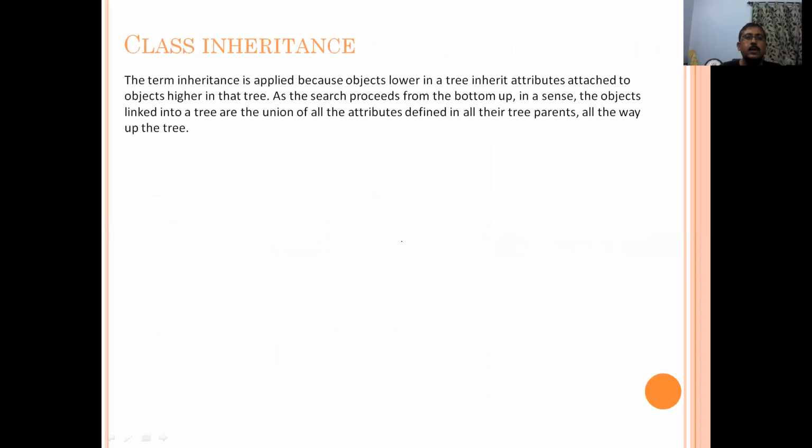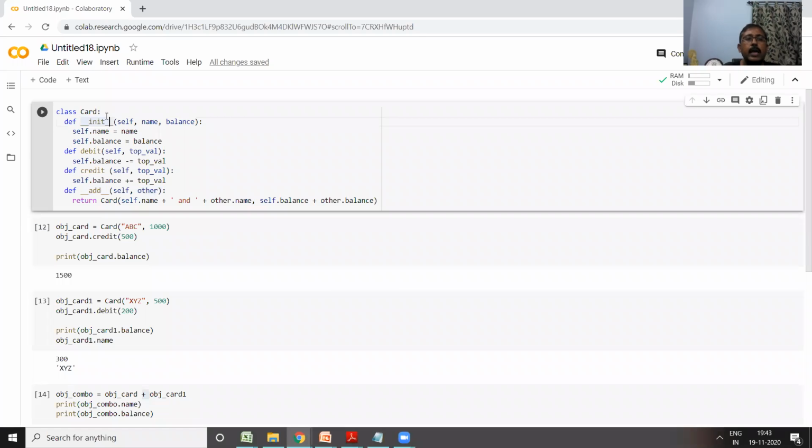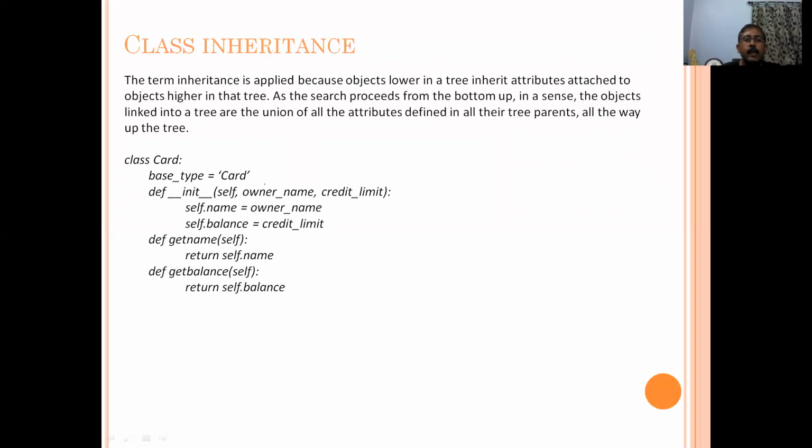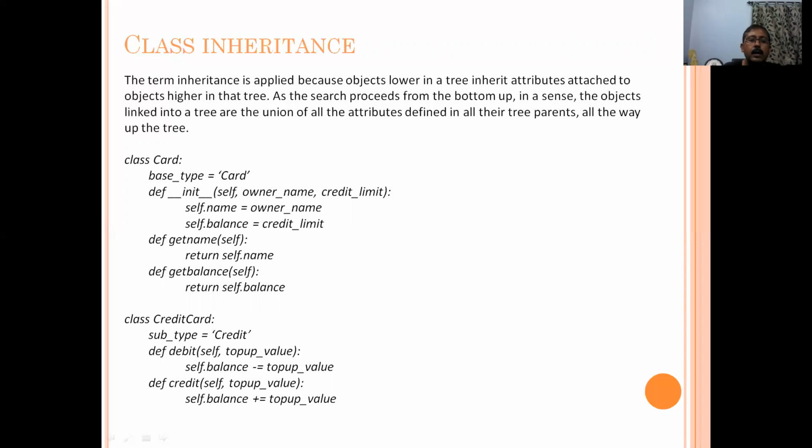Next concept, which is very important, is class inheritance. How can we inherit classes? Again, very simple. As we define classes using the class keyword, with the card class we just did, we didn't use any parentheses, right? So we didn't want to inherit attributes or methods from any other class. But if we want to do that, what we have to do? I think here it is not done in the proper way.